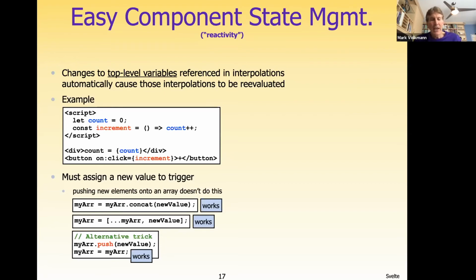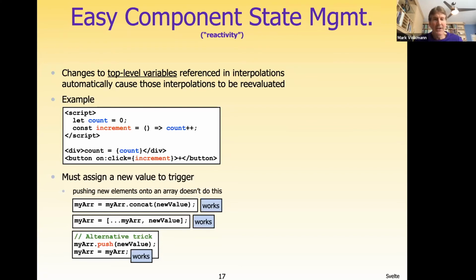I don't really like either of those approaches though, because they're inefficient when it's a large array because it's going to build a whole new array. But what you can do instead is the trick at the bottom where you push a new value onto the array, which doesn't build a new array. And then you can just assign the variable to itself. So looking at that, you'd think, well, that can't have any effect.